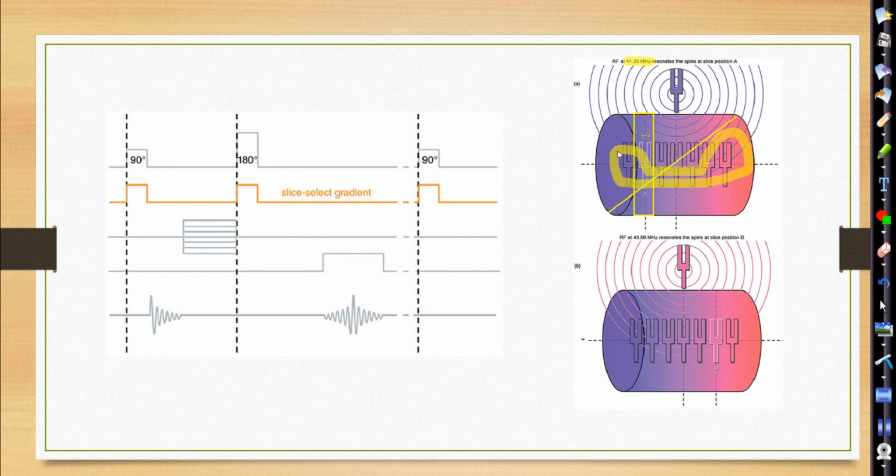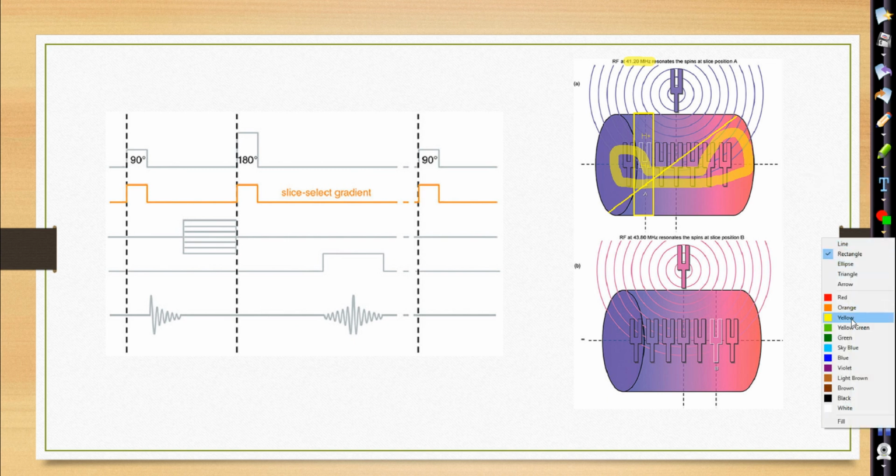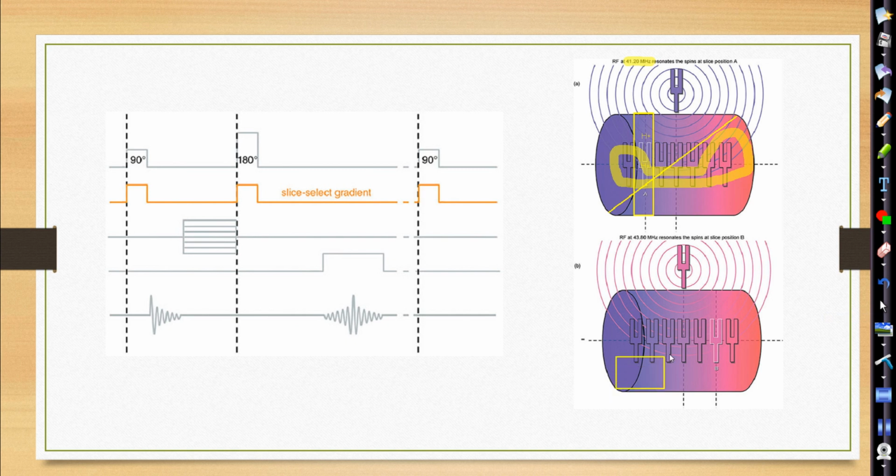Now, on this end, tuning fork B, what precessional frequency do you think we're applying now? A greater or lesser precessional frequency? Greater. Everybody see that, right? Here's isocenter. This is the stronger part of the magnet, and we're exciting this slice.